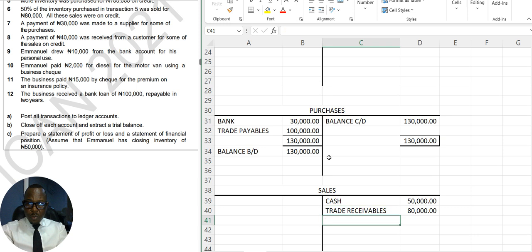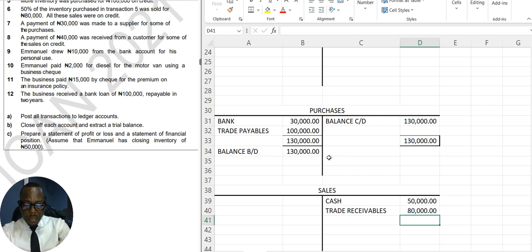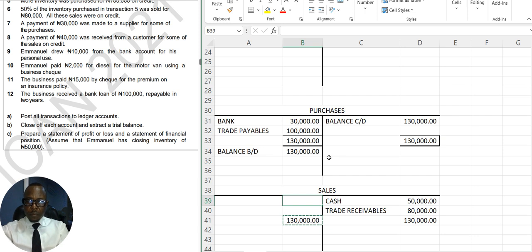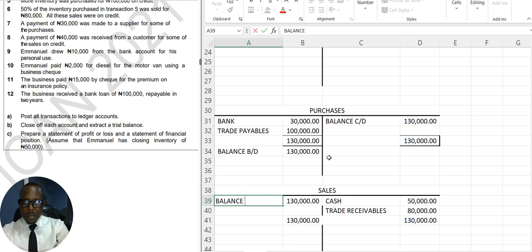All right, you go down to sales. Sales has a total of how much? 50 plus 80 gives you 130. Right? Write the same figure here. Then the same figure here. This is your balance CD.